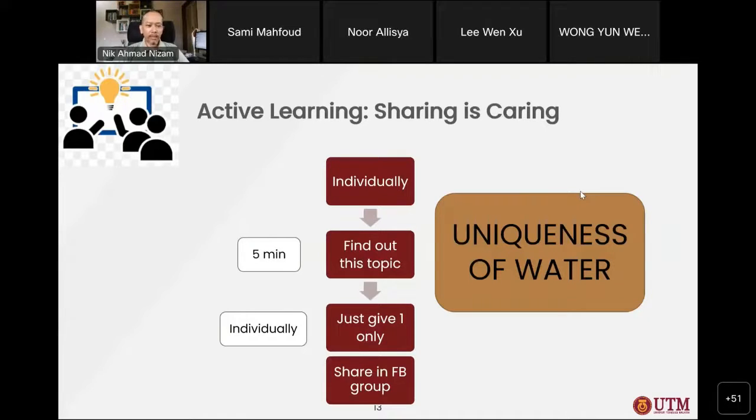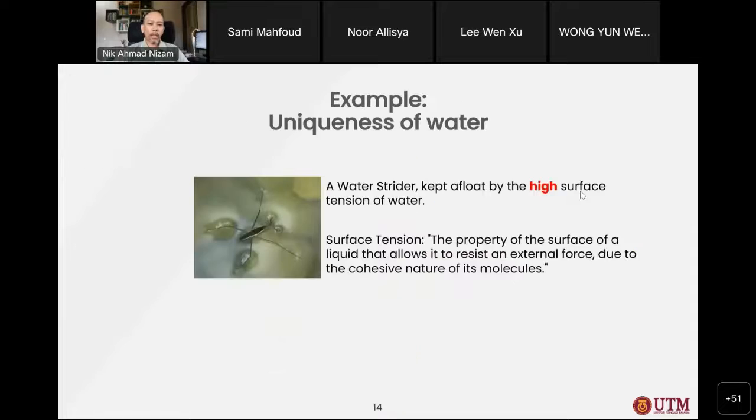Just Google it, take only one, come up with a picture and put some explanation, then save it as a picture and put it in the Facebook group. Can you do that? Yes, Doctor. Okay, that's good.